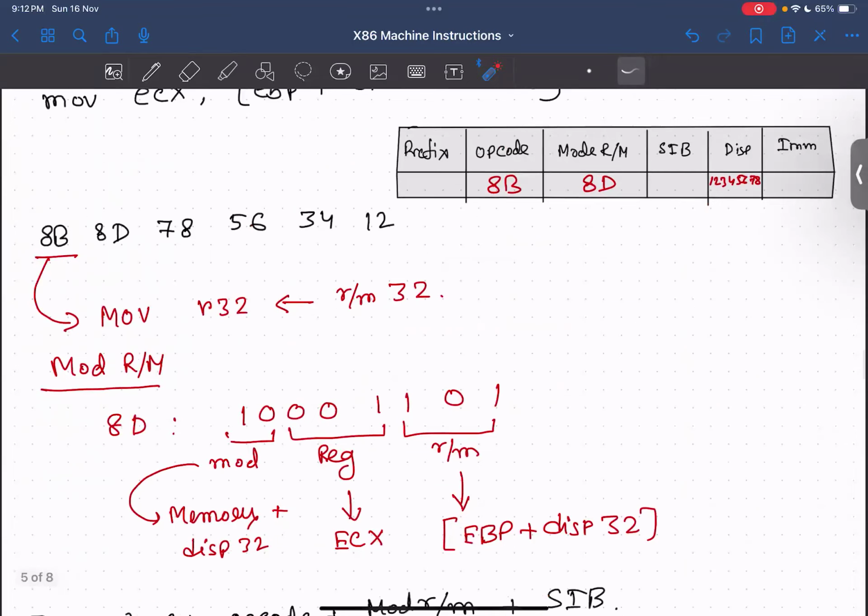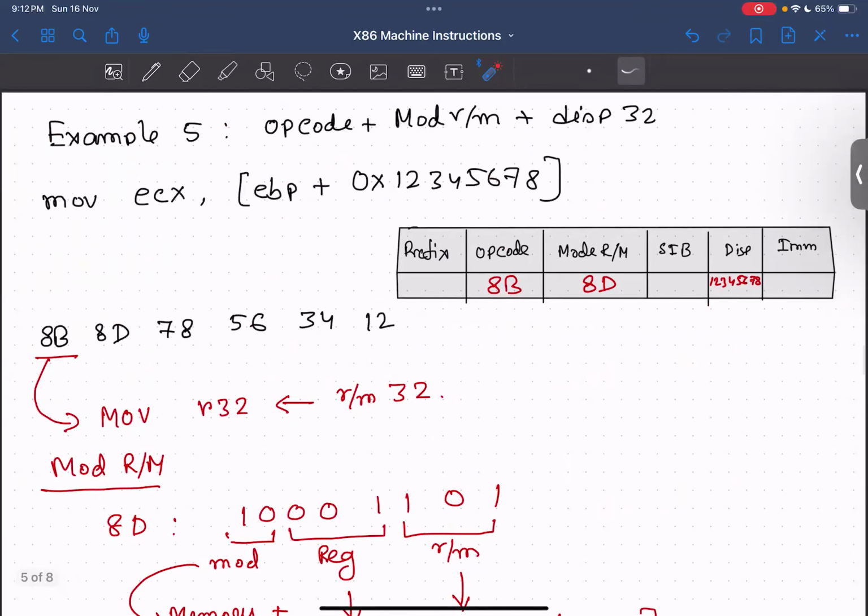Okay, next, let's move to a similar example, but we are now using displacement 32, right? So we are using opcode, ModRM, and displacement 32. So the instruction can be something like that. You have mov ECX, so whatever value you have here, you're moving to ECX.